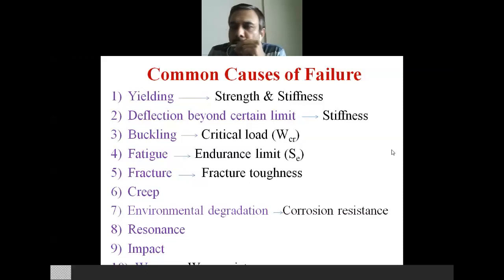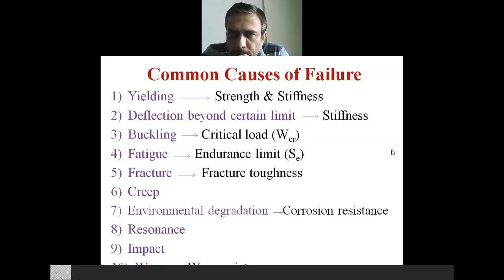And to make a component safe against deflection, you take care of stiffness. So what is stiffness? Yes, probably in one of the lectures, we had discussed stiffness. So what is stiffness? To resist load.